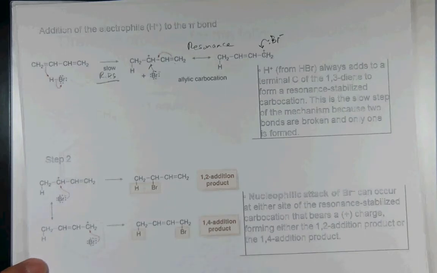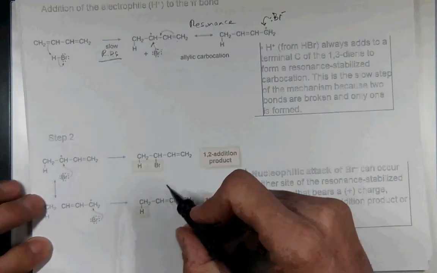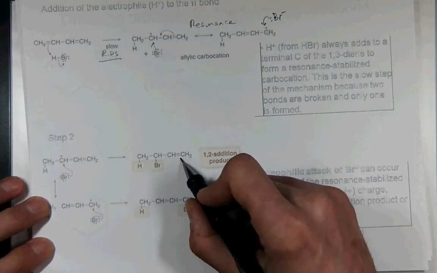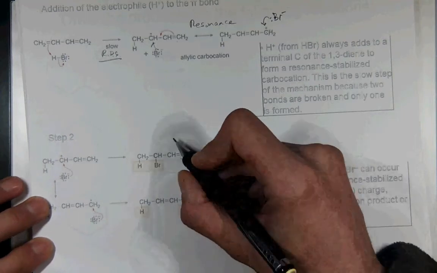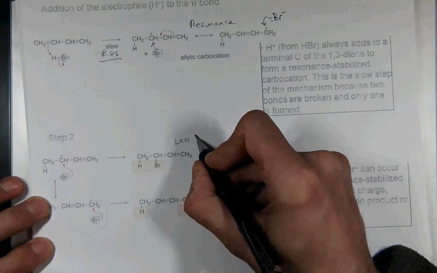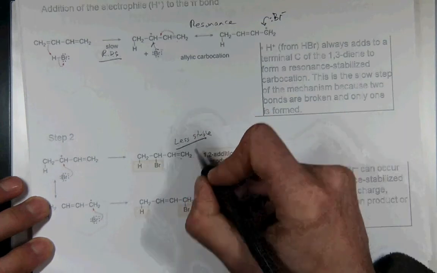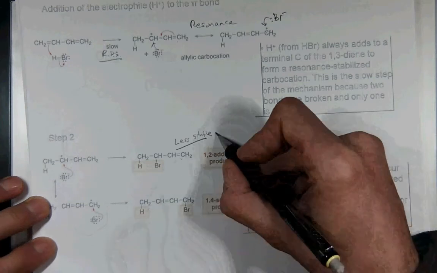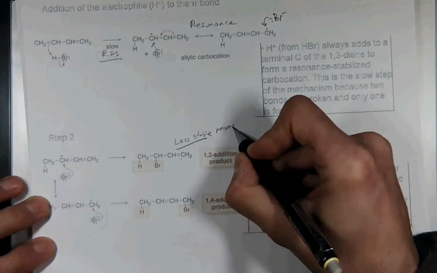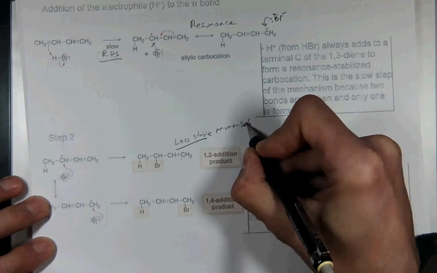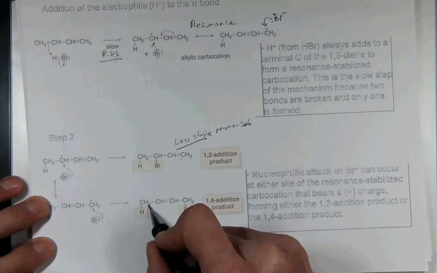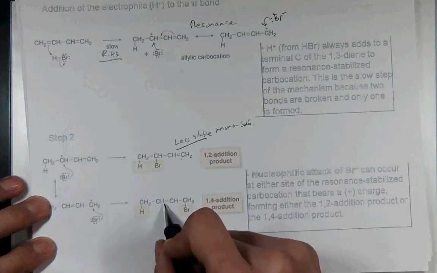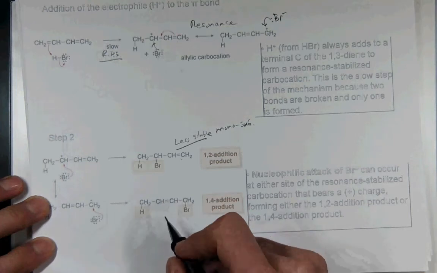Now, if you recall, I mentioned that this is a terminal alkene. It's monosubstituted, and it's less stable than this internal alkene, which is disubstituted. Right, disubstituted, we have 2 alkyl groups, 2 carbons attached to the carbons in the double bond.